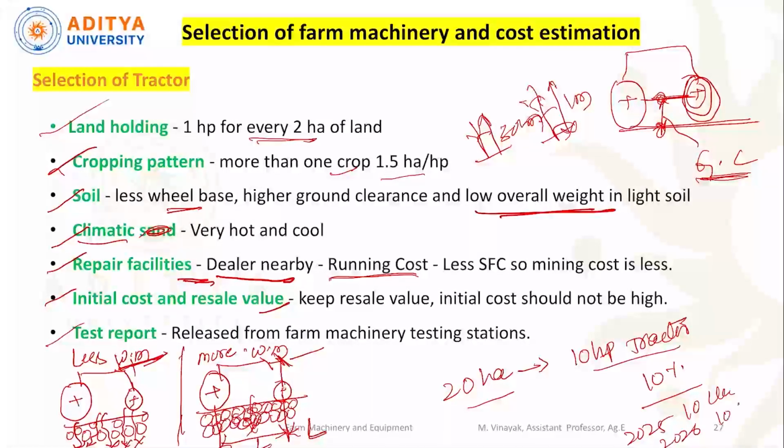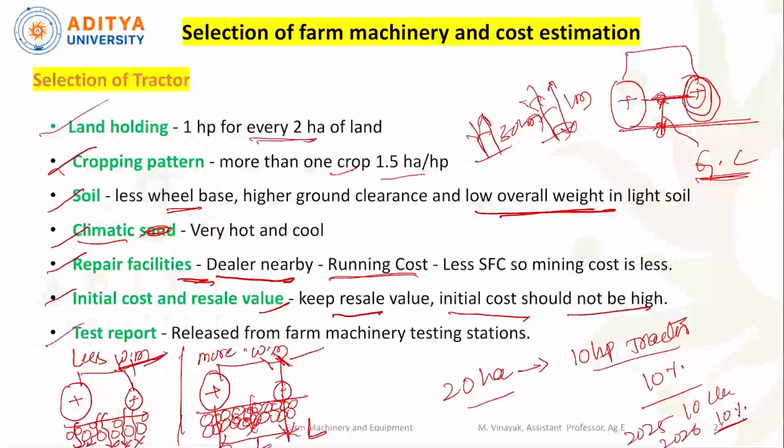In the next year, 2026, 10% will be deducted from the 10 lakhs. So that is the resale value. It decreases the value of the particular product. Next one is the resale value, and the initial cost should not be high.